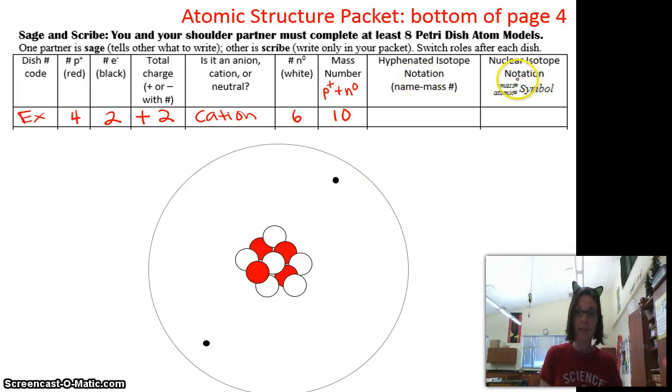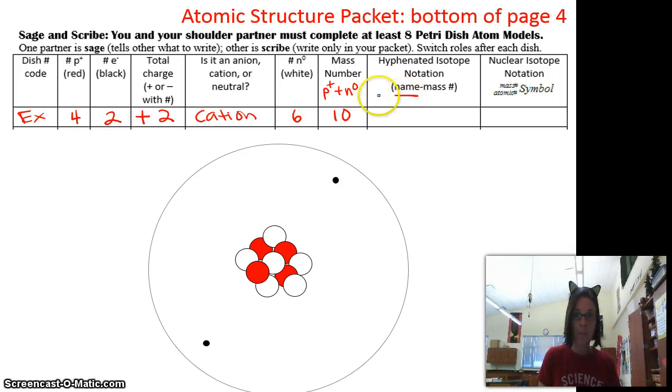Now I want to represent the name of this atom in the 2 different types of isotope notation. There's the easy one called hyphenated isotope notation that has a hyphen right in the middle, and then there's nuclear isotope notation, which is a little bit more complicated. For the hyphenated one, I need to first figure out the name of this atom. And the name is going to come from the atomic number.